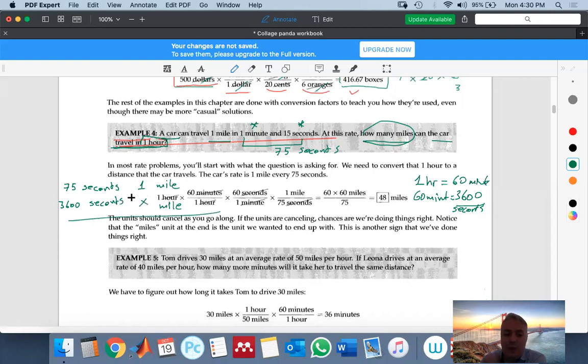So when I do cross product, X times 75 equals 1 times 3600, so X is equal to 3600 divided by 75. And the result, you see now, 3600 divided by 75 is 48.